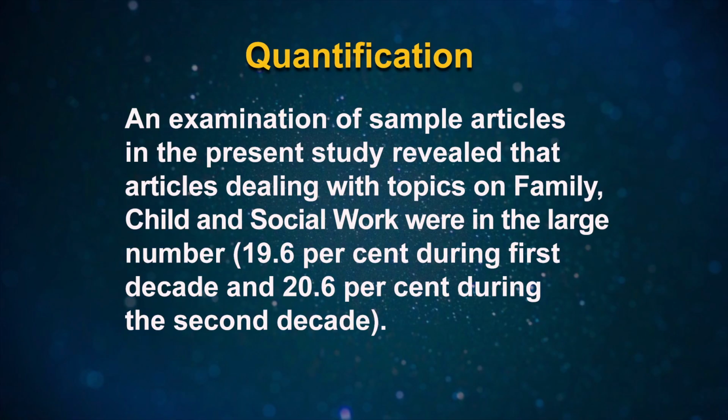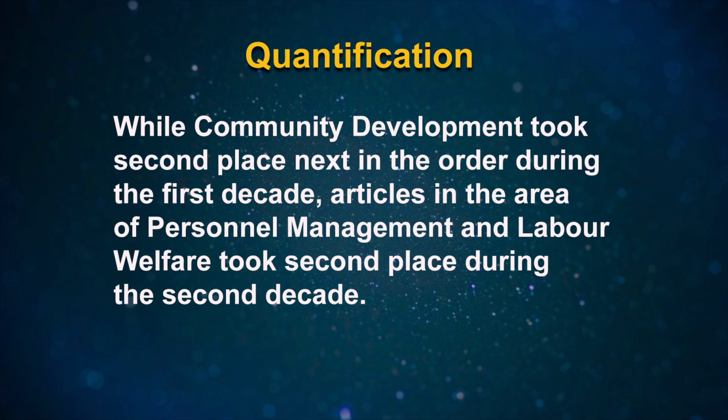From this perspective, an examination of sample articles in the present study revealed that articles dealing with topics on family, child, and social work were in the largest number. That is, 19.6% during the first decade and 20.6% during the second decade, while community development took second place in the order during the first decade.